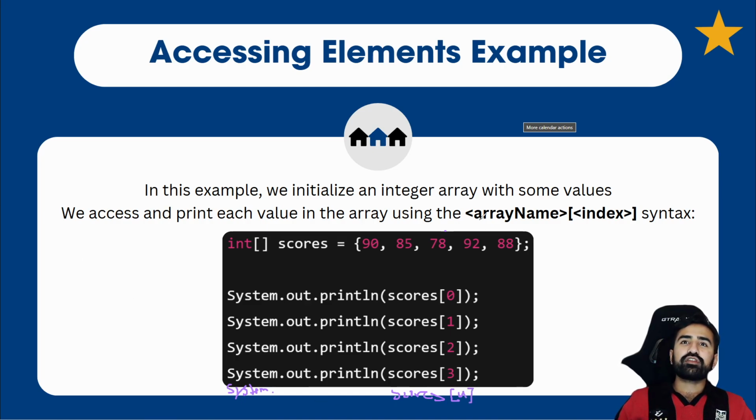But we're printing out the first 4 scores at least in this example. And the way we print out the scores individually is just by using the name of the array and indicating the index we want. So this would print out 90, 85, 78, and then 92. And if I did scores index 4, that would be 88, of course.